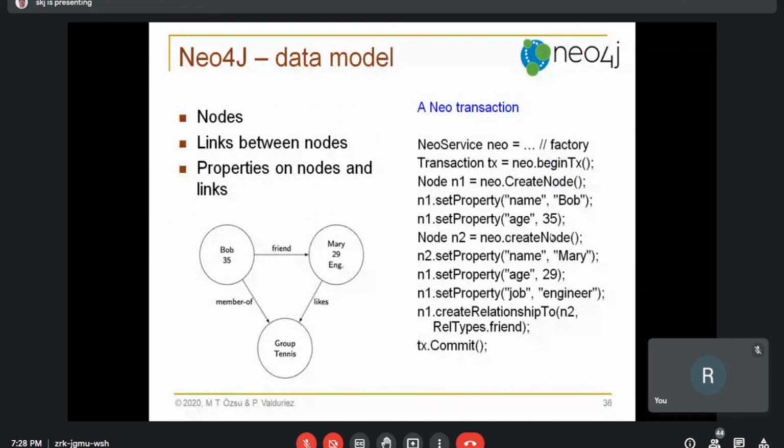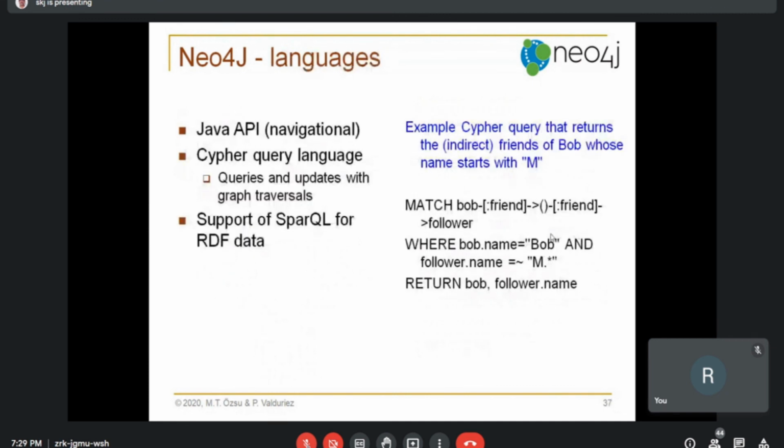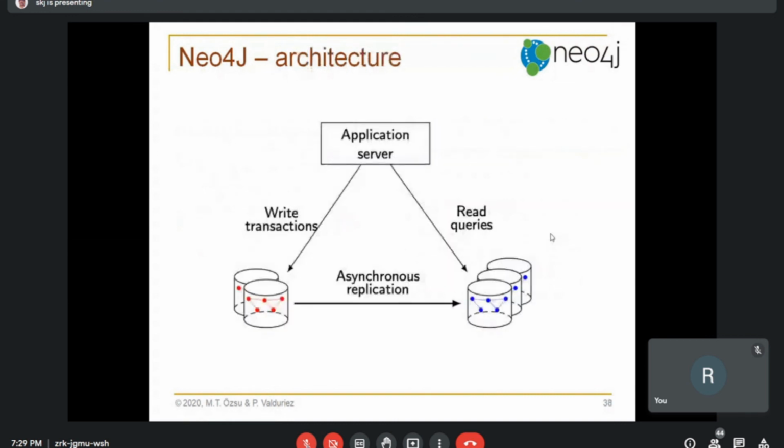Nodes and links have properties, in transactions. Language: Java API, Cypher query language, queries and updates with graph traversal, with support for RDF. Neo4j architecture: write transactions, read queries, synchronous replication.